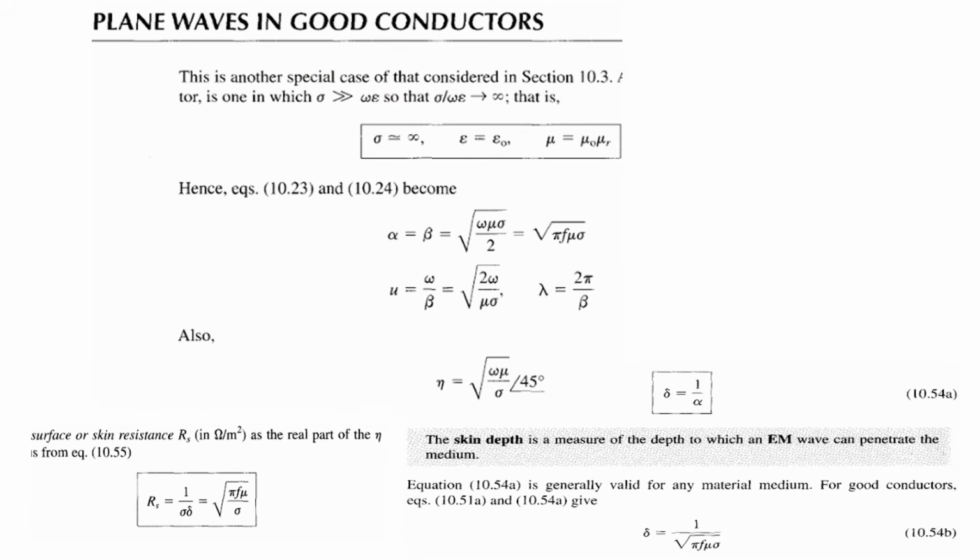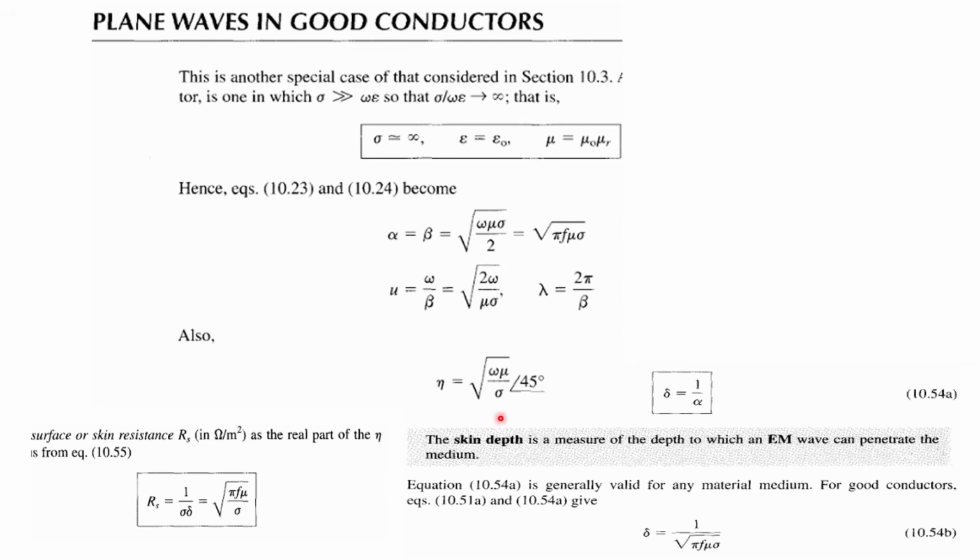Now, how will the plane waves behave in a good conductor? So, good conductor means sigma is almost infinity. That is, conductivity is very high, with epsilon naught and mu naught. So then put all these values in the equations that we discussed in the general wave equations. Then you will get the value of alpha and beta, that will be equal to the square root of omega mu sigma divided by 2.